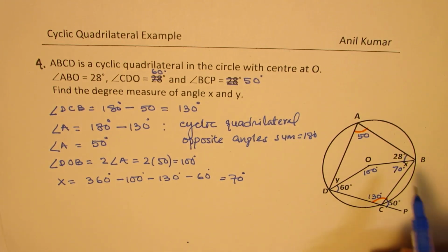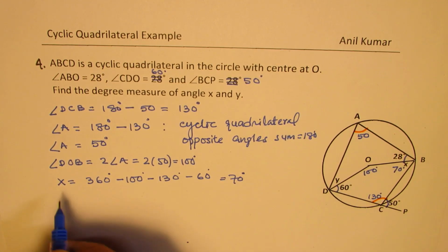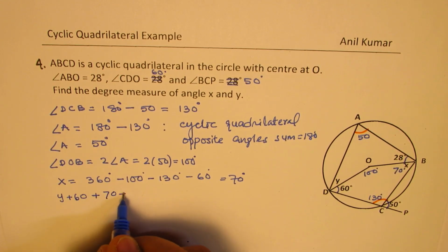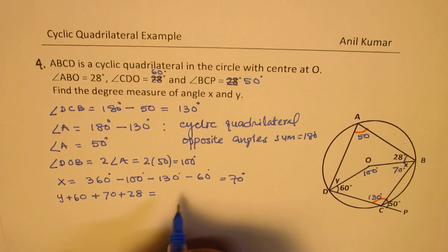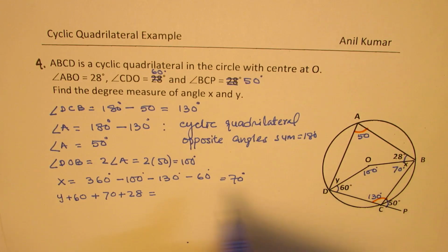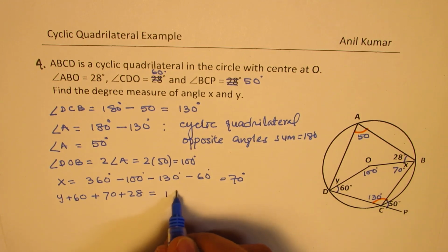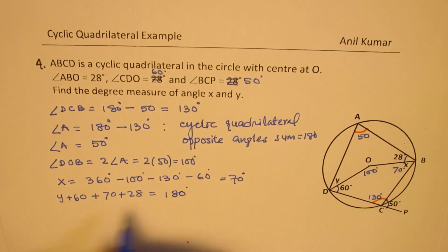Perfect. Now since x is 70 and we are talking about a cyclic quadrilateral, that means y plus 60 plus 70 plus 28 should be equal to how much? Well, all this should be equal to 180 degrees, right? So from here we can find what y is.